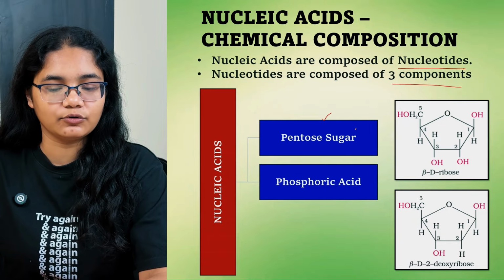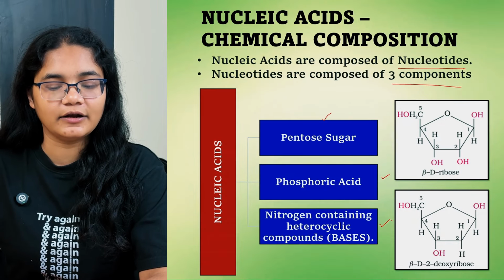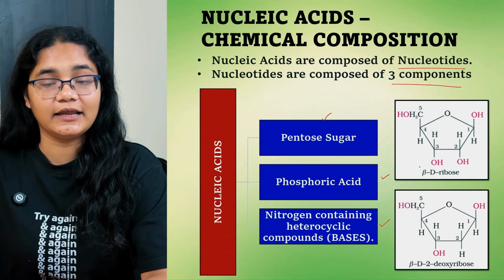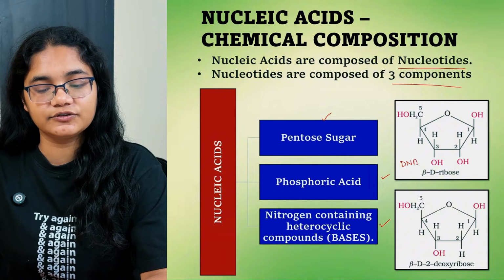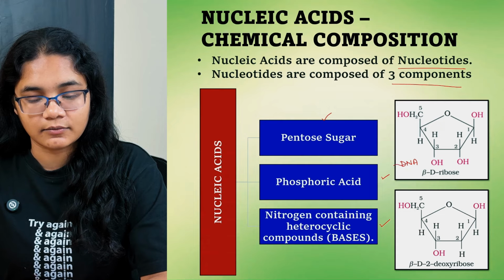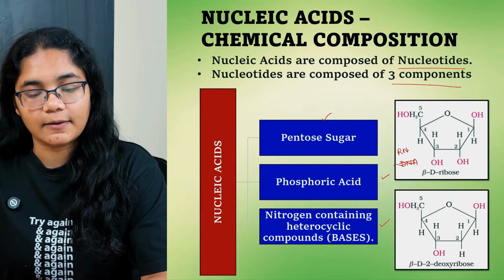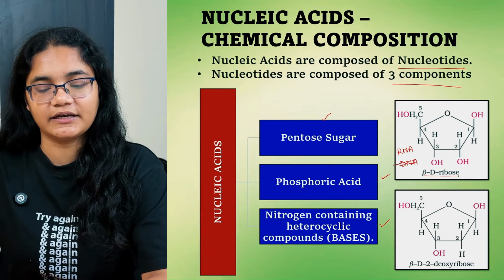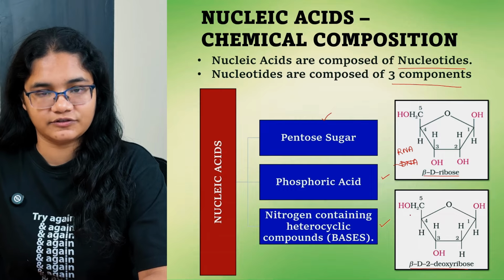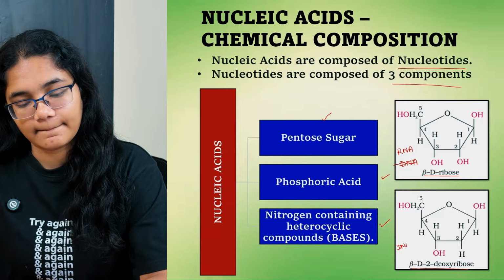You have one pentose sugar, a phosphoric acid, and a nitrogen-containing base. Now, the pentose sugar present in RNA is beta D ribose, and the pentose sugar present in DNA is beta D 2 deoxyribose.